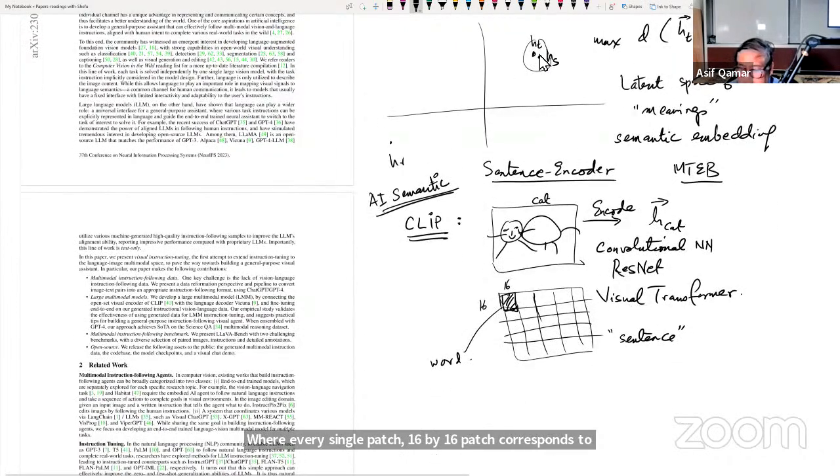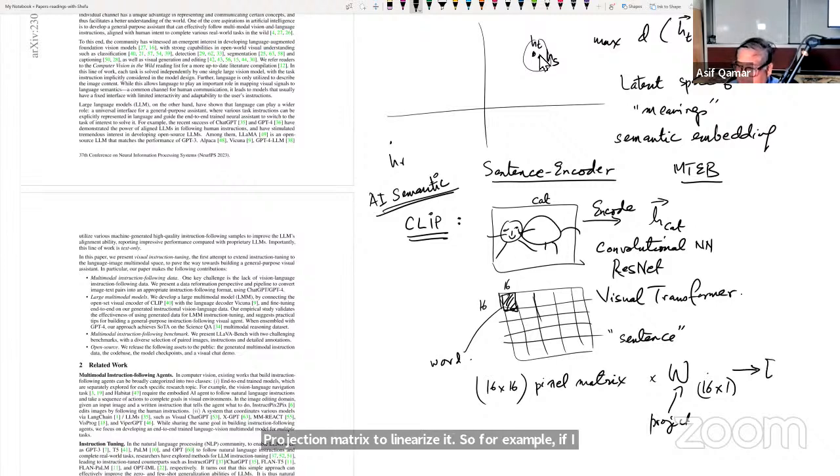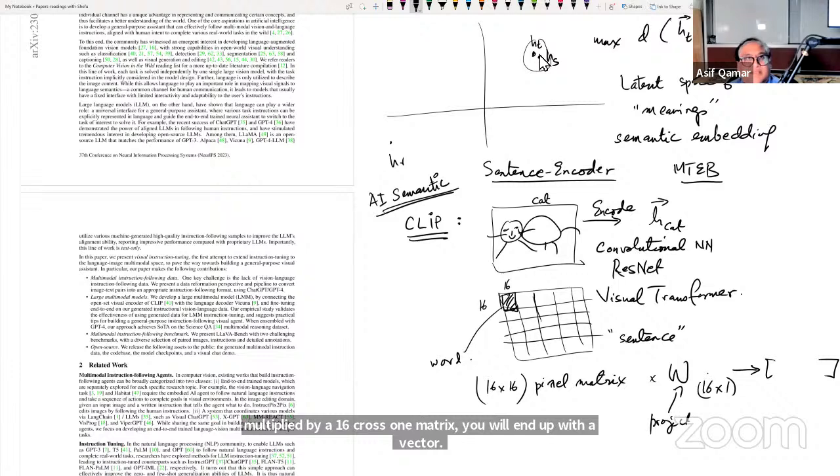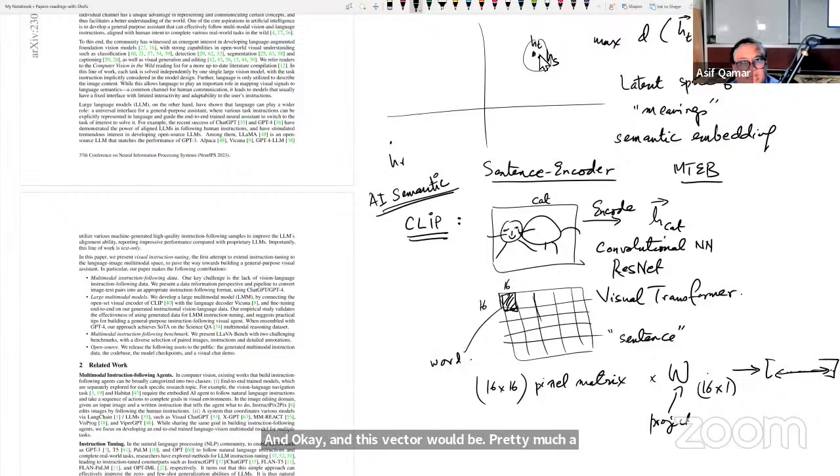The way you do that is you take the 16 cross 16 pixel matrix, and then you multiply it by some projection matrix to linearize it. So for example, if I multiply it by a 16 cross 1 matrix, you will end up with a vector, right? And this vector would be pretty much a flattened version of this particular patch.